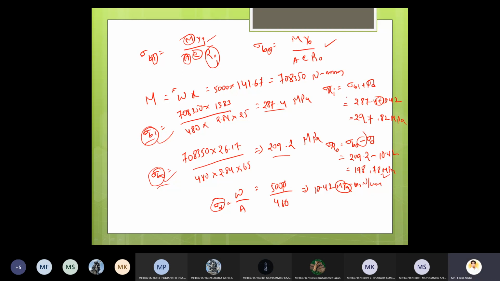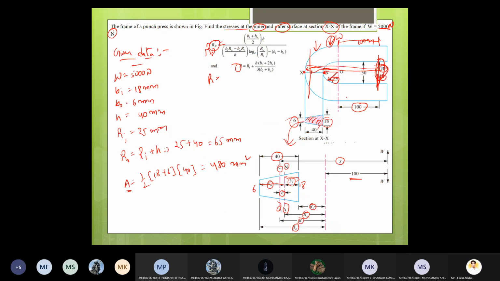Because if you observe the figure, when I apply the load, extra material is going to gather at the inner surface, and the material folds there. The material is subtracted from the outermost layer, so that's the reason you find cracks on the outer surface.